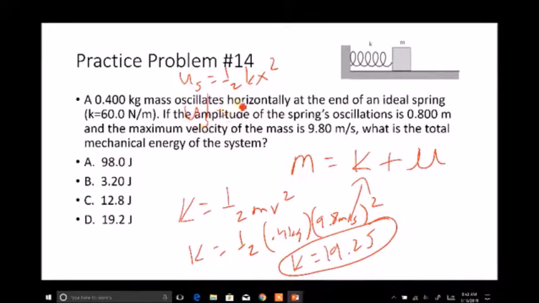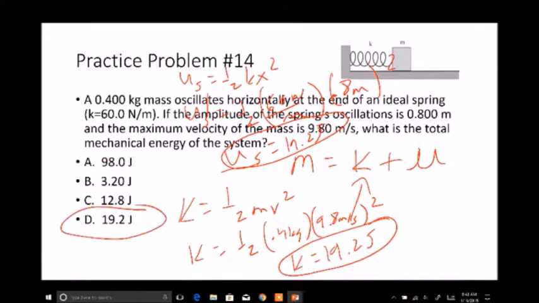Our K is 60. Our x at maximum amplitude is 0.8. And if we do the math on this, we also come up with 19.2 joules as our answer. So it's looking like answer D on problem number 14.